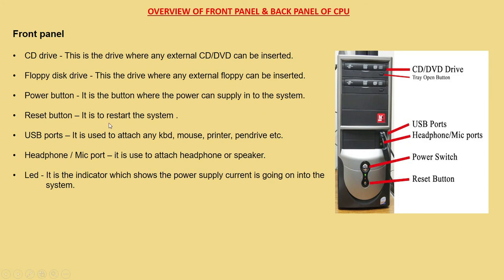The reset button is used to restart the system. The USB port is used to attach any keyboard, mouse, printer, pen drive, etc. Then what is the use of the headphone and mic port? It is used to attach a headphone or speaker. And the LED is an indicator which shows that power supply current is going into the system.